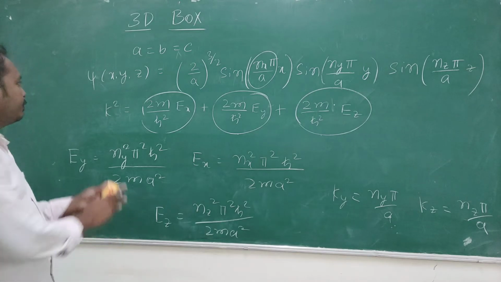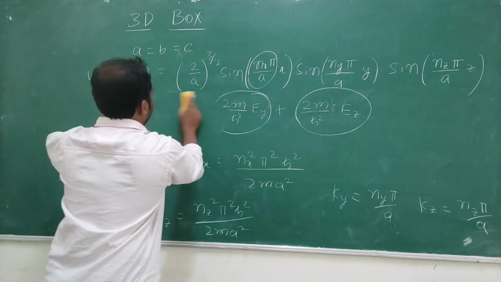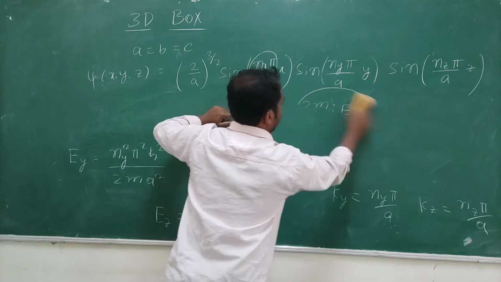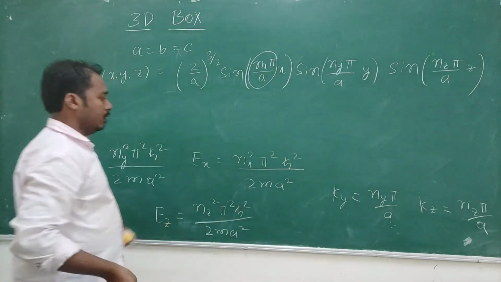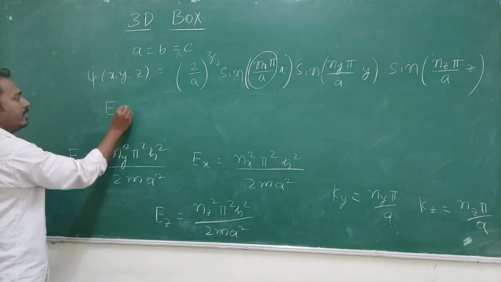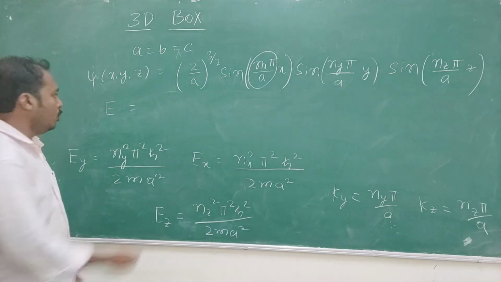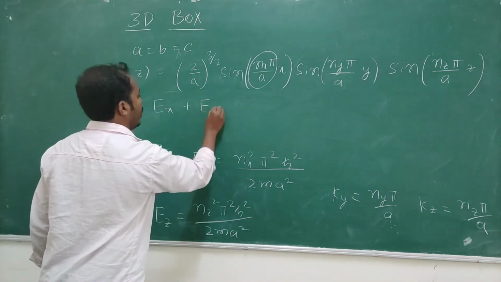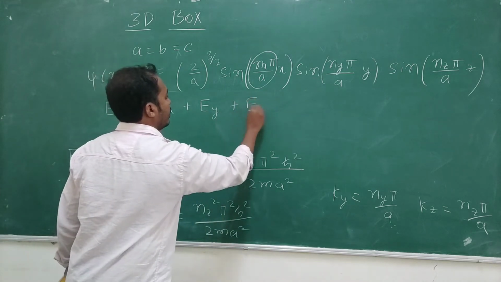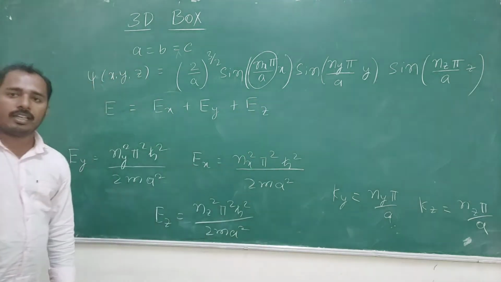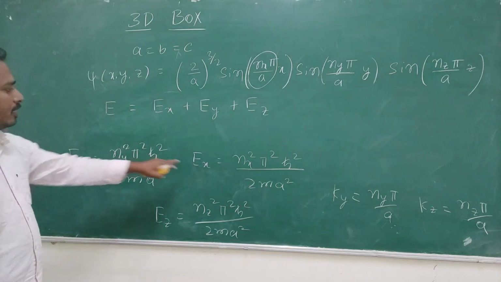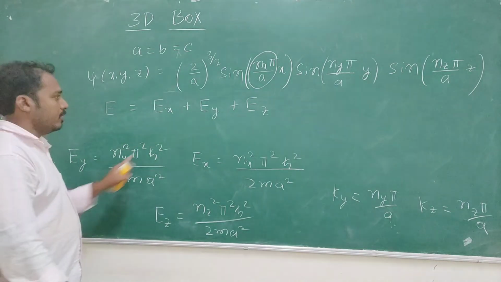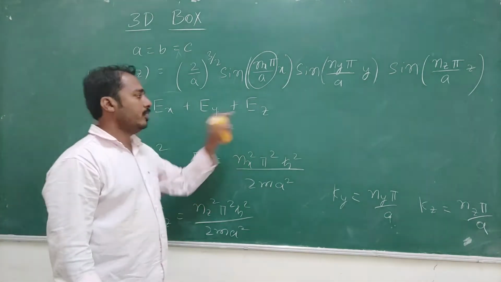In the previous step we calculated the total energy, which is equal to Ex plus Ey plus Ez. Substitute Ex, Ey, Ez.